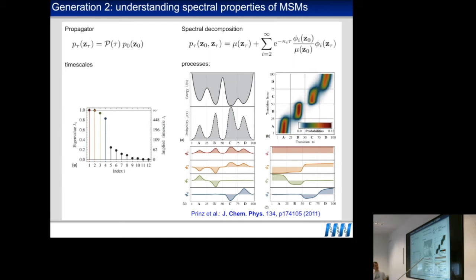So the equilibrium distribution of this system will more or less look like this. We are most often in the minima, of course, and we are most often in the C state, and less often in B and D, and even less often in A. And very rarely we are on one of the transition states here, or barriers. Okay, but that's the equilibrium.